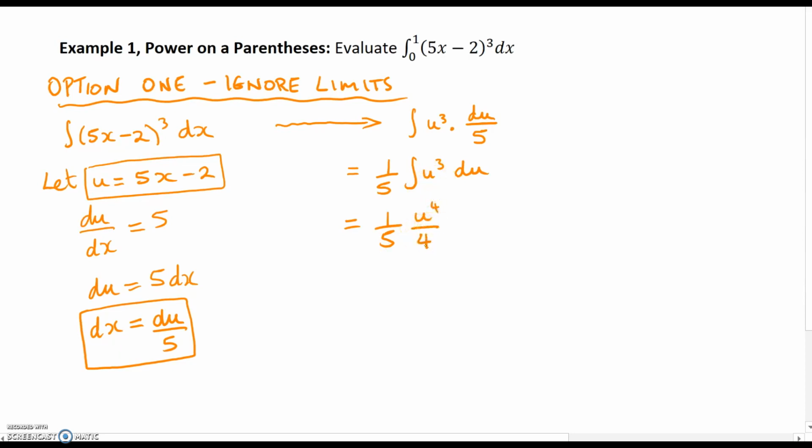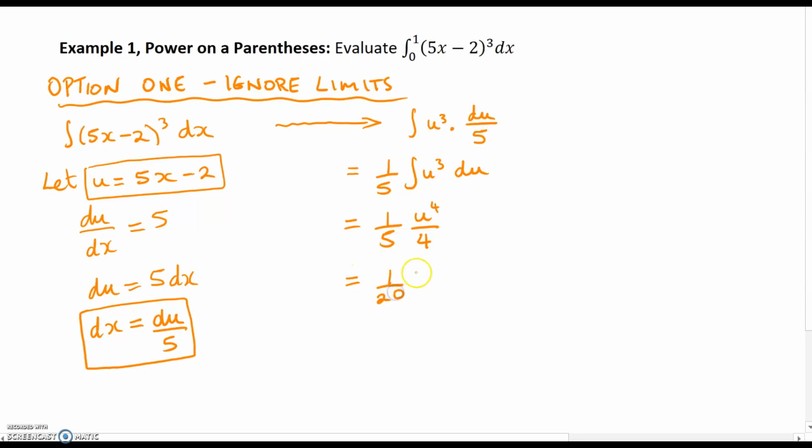Now this is usually where we would add the plus c, but instead we'll leave it out because we're going to reintroduce the limits once we replace the u.